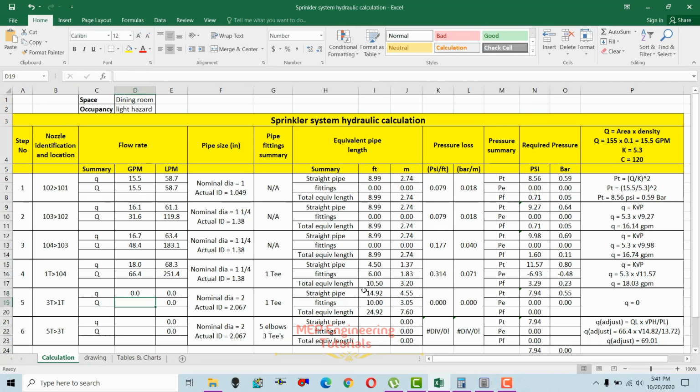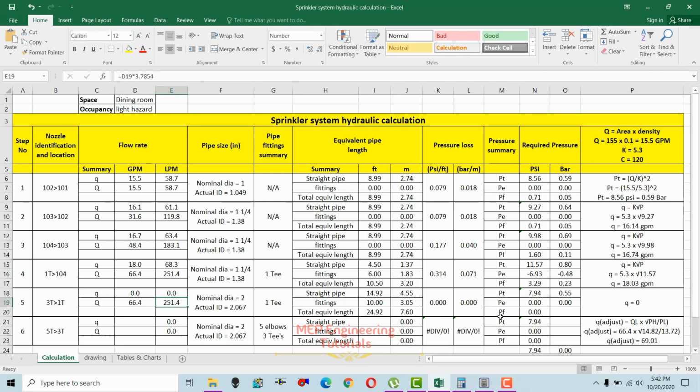Capital Q will be the same as the previous one plus small q, which is 0. So 66.4 GPM or 251.4 LPM.